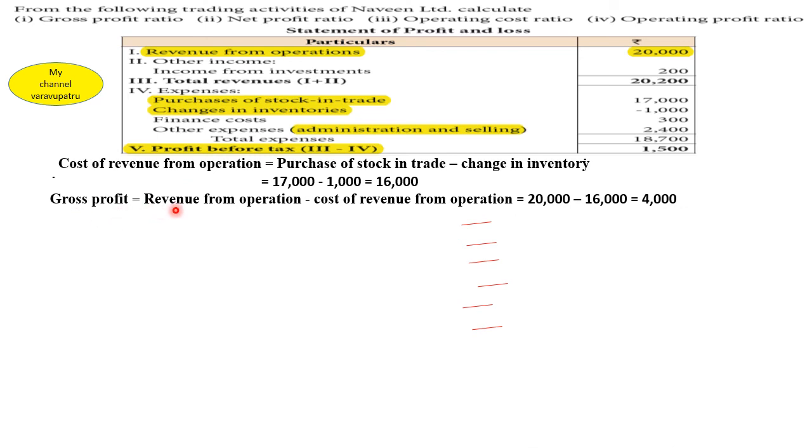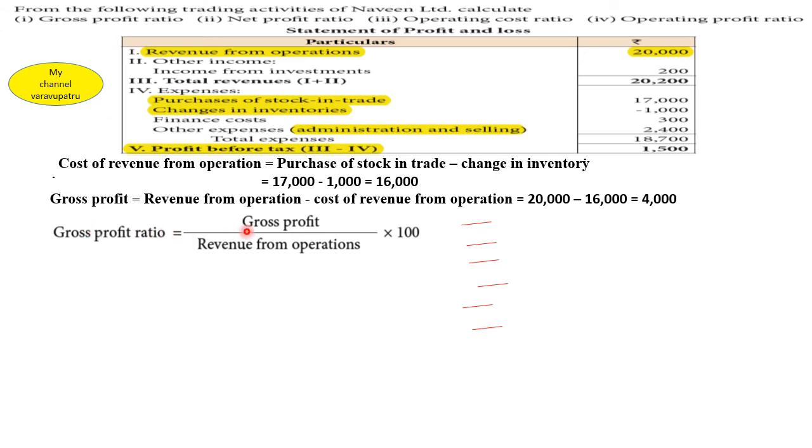Gross profit is equal to revenue from operation minus cost of revenue from operation. Revenue from operation is 20,000 minus cost of revenue from operation 16,000. So gross profit is 4,000. So 20,000 minus 16,000 is equal to 4,000 is the gross profit.